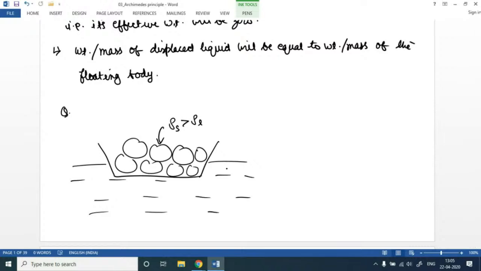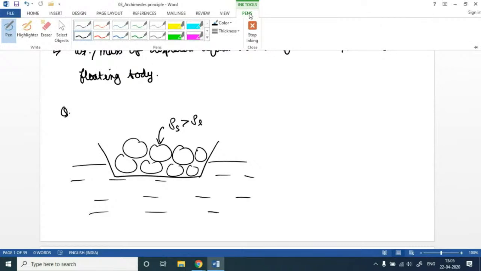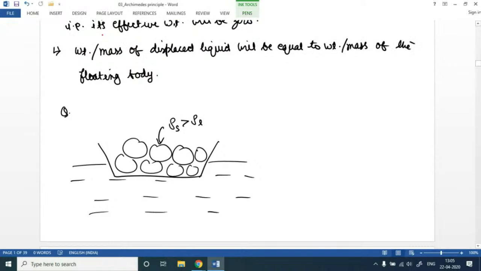So right now this boat-stone system is in equilibrium. If we start throwing the stones into the pond, what will happen to the water level of this pond? That is the question.